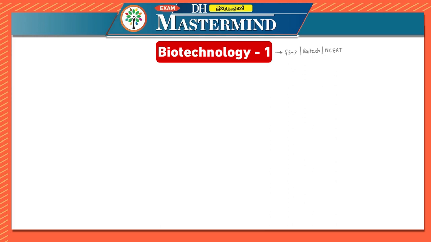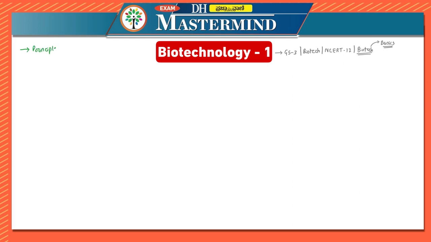If you look at NCERT class 12th, there is a section on biotechnology. In that section, they have discussed biotechnology in proper detail along with the basics. So we'll start from there only and proceed further. In the biotechnology chapter given in NCERT, they are basically talking about principles and processes.